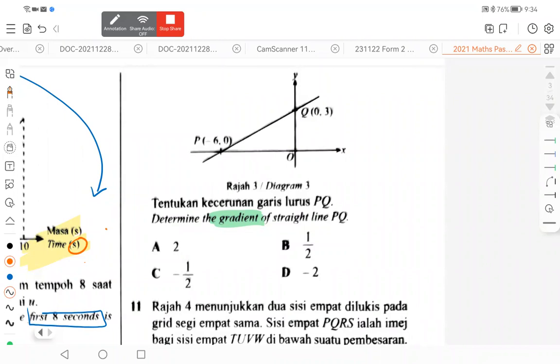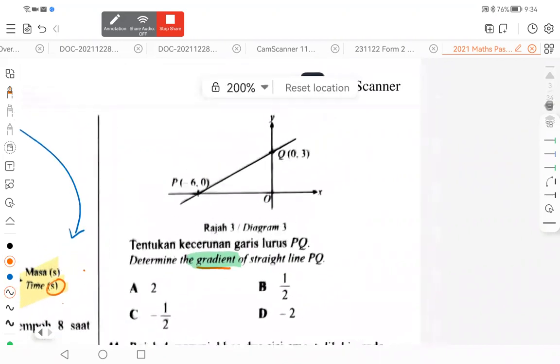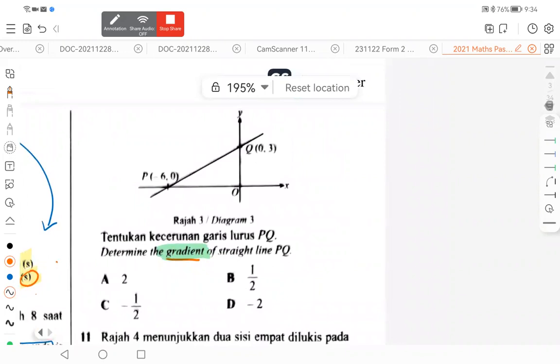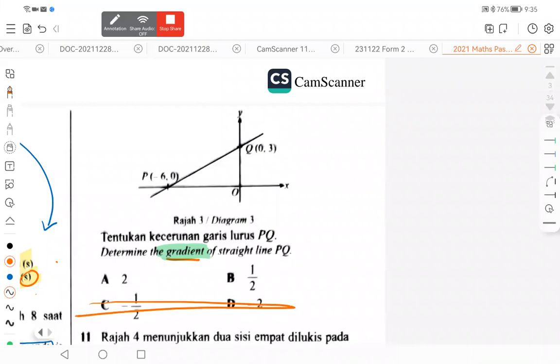Okay, so same thing, gradient. Up to you which formula to use, because with whichever formula you can find the answer. And then common sense: never choose C and D, because the line is moving upwards, it can't be in negative form, right?